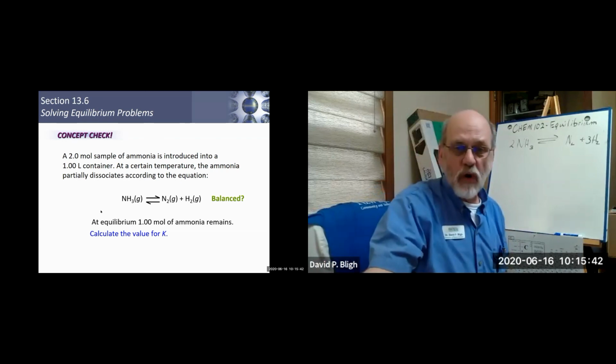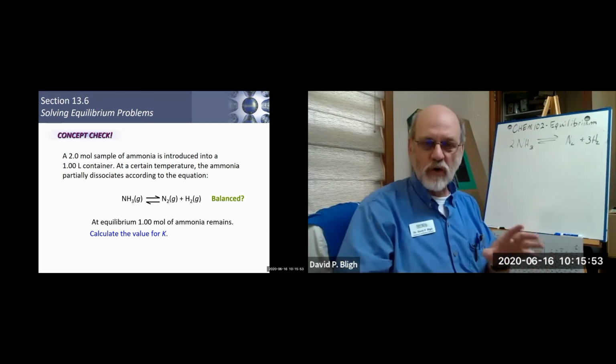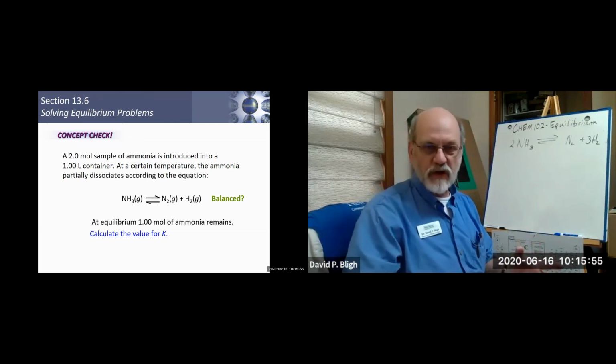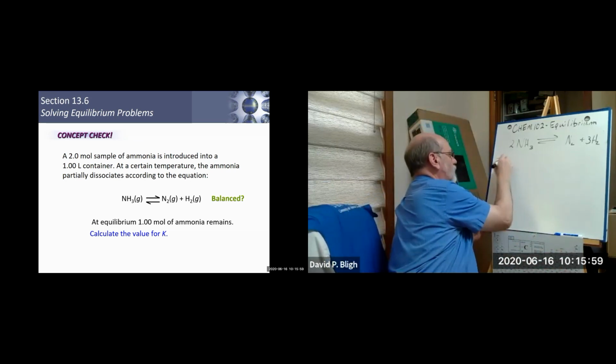Well, 2 moles of ammonia in a 1 liter container. Right? So if we have 2 moles of ammonia in a 1 liter container, what's the concentration? 2 molar, right?